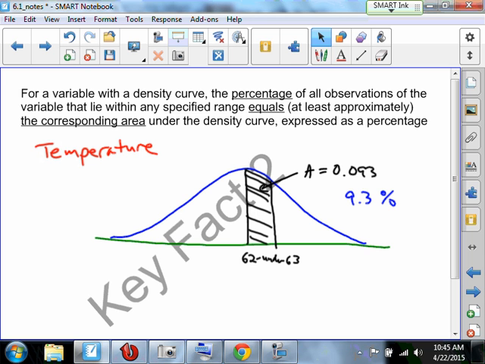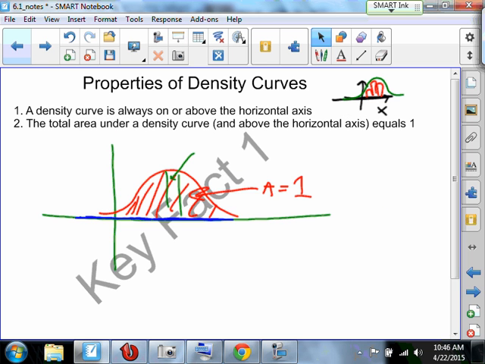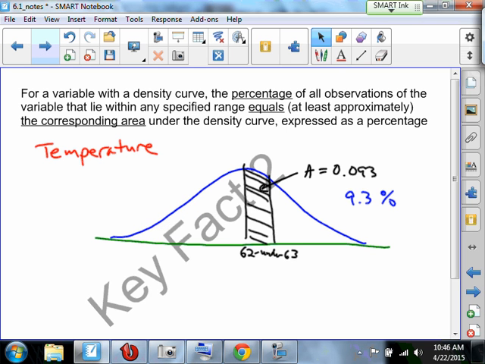It's nothing super profound, but it takes a minute to think about it. Whatever the size of that area is in terms of square units, that's the percentage of observations in the whole population that are in there. So again, it goes back to this: the total area is 1, total probability is 1. So the amount of things inside one of these blocks is really a probability. Does that make sense? Kind of, a little bit.